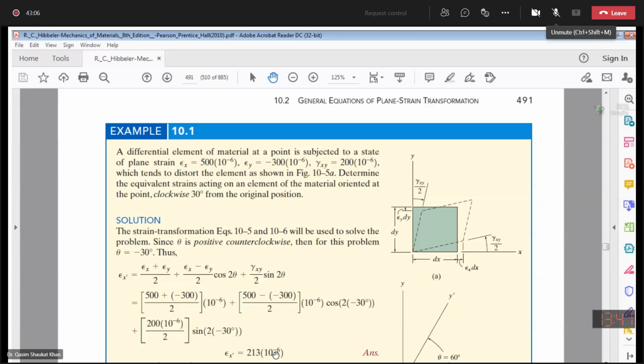Can you please calculate epsilon y dash now? That is the shear strain; I am asking epsilon y dash first.